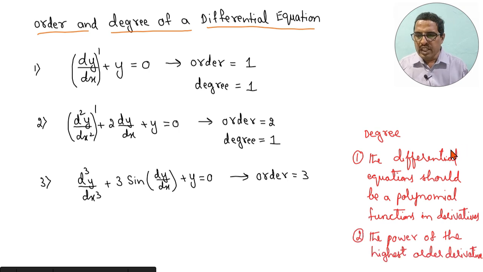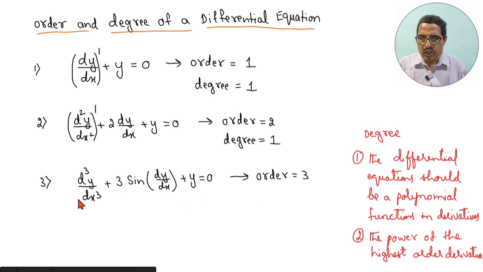To understand the degree of a differential equation, these two conditions have to be satisfied. The first one is that the differential equation should be a polynomial function in the derivatives. So the derivatives dy by dx, d square y by dx square, d cube y by dx cube should be polynomial functions. The second one is that the power of the highest order derivative gives the degree of the given differential equation.